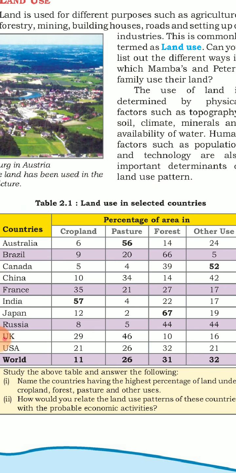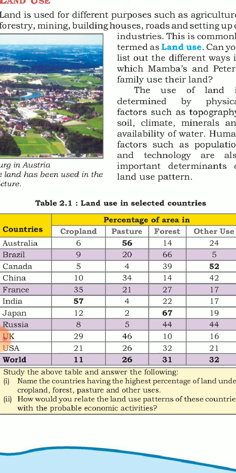Now, you can see a table here. In the table, you can see land use in selected countries: Australia, Brazil, Canada, China, France, India, Japan, Russia, UK, USA. And you can see the percentage of area used for cropland, pasture, forest and other use.